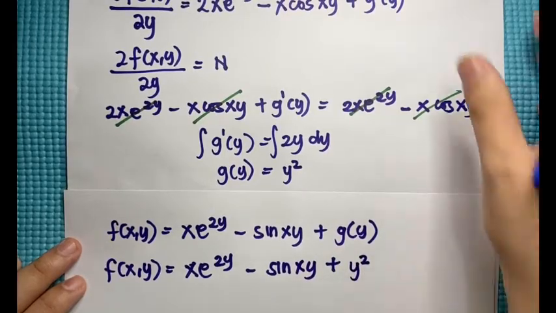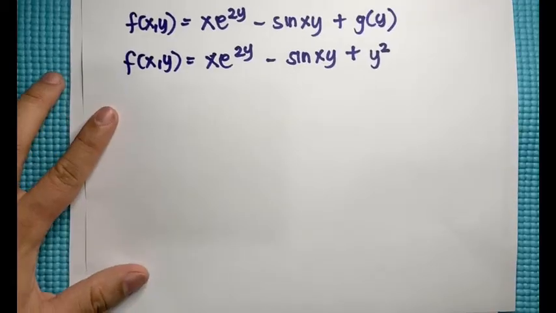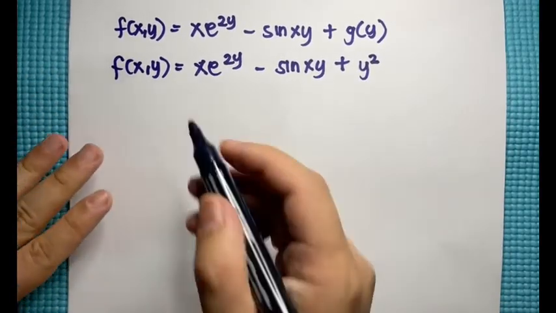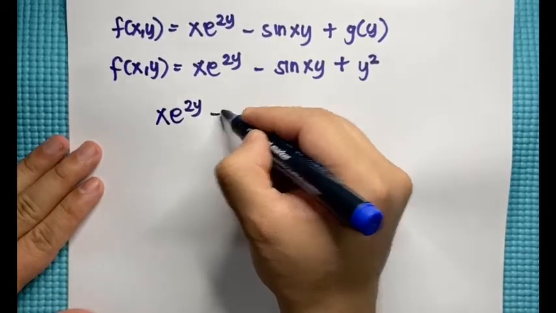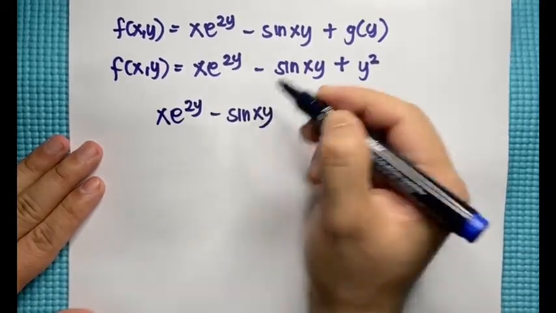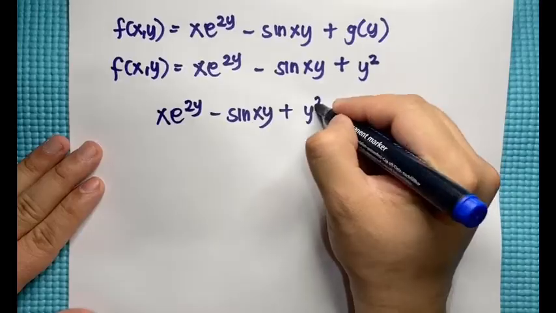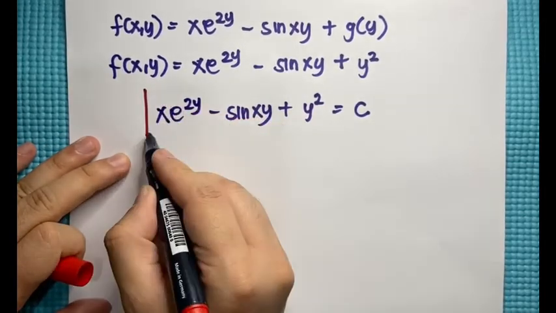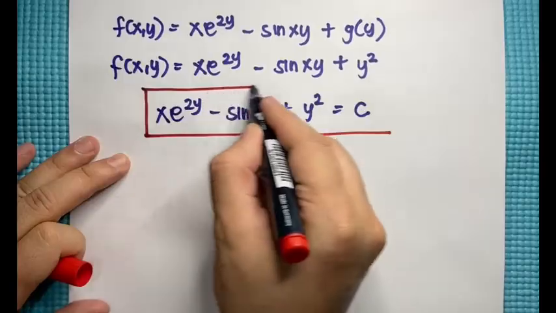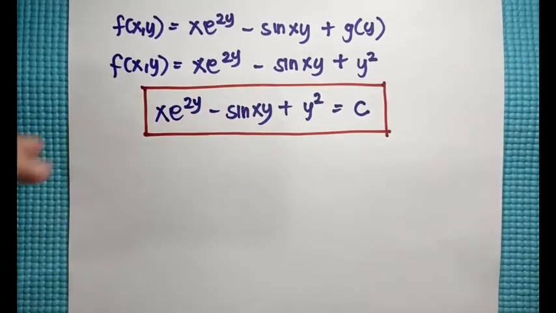This gives us the general solution: x e raised to 2y minus sine xy plus y squared equals 0. That is the final general solution of the given differential equation.